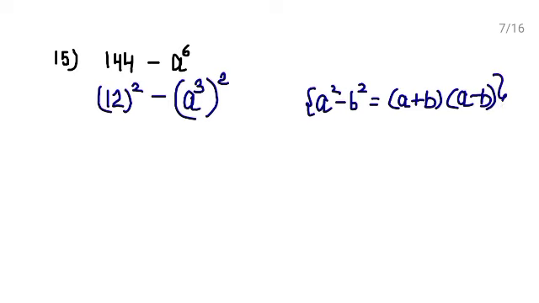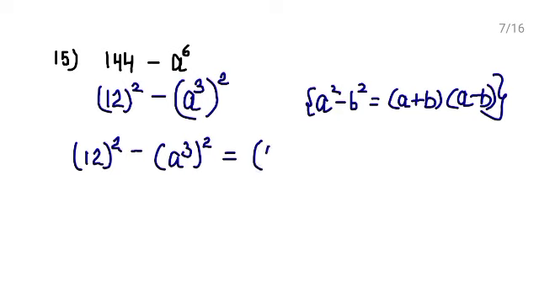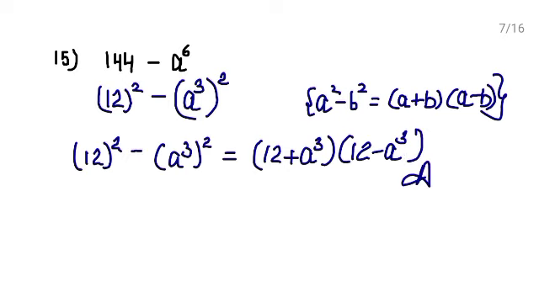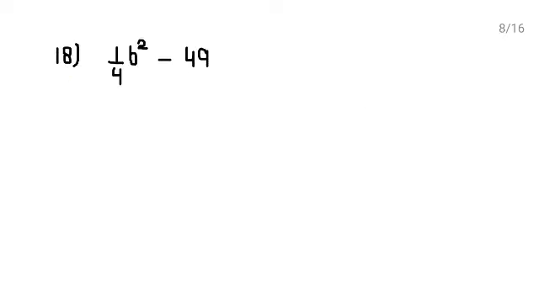So first of all, this 12 raised to the power 2 minus a cube raised to the power 2 is there. So first of all, we will add the bases, which is 12 plus a cube. Then subtract the bases, 12 minus a cube. This is a plus b into a minus b, and this is your answer.